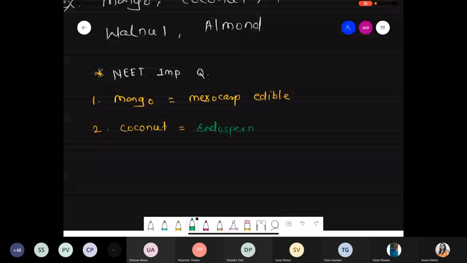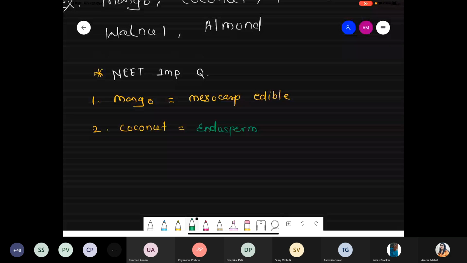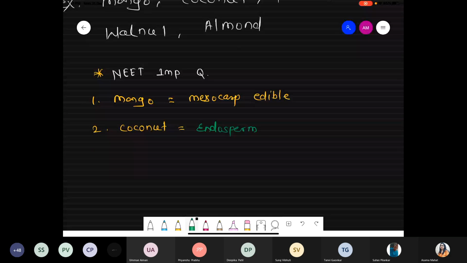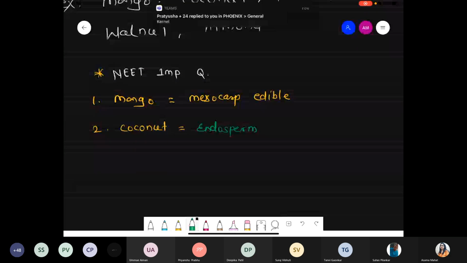Actually there are two types of endosperm in the coconut, solid endosperm as well as liquid endosperm. The white colored part, that solid part which is the white coconut, is the solid endosperm, and whatever the coconut milk or coconut water part is, that is the liquid endosperm, right?